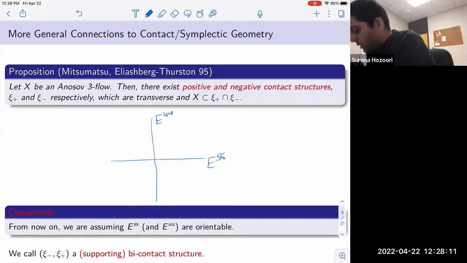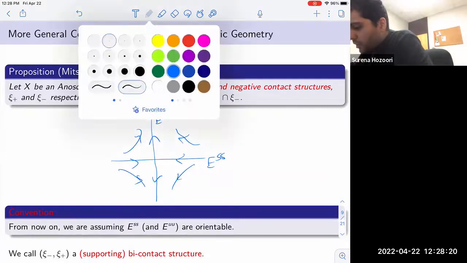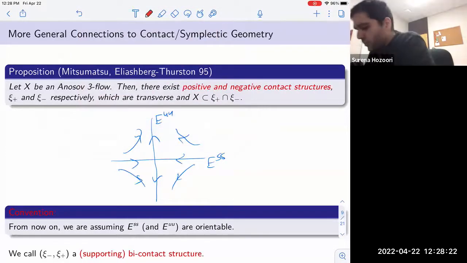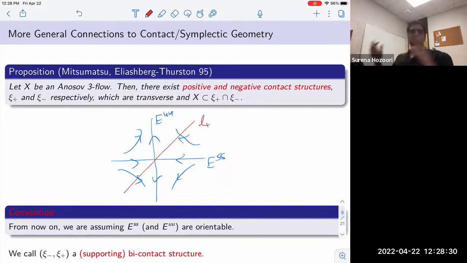So let's take a look at the picture we had for Anosov flows. If you take, let's say, the bisector of the E^ss direction and the E^uu direction, let me call that L plus, and you look at the action of the flow on this bisector, the action of the flow would just push this bisector towards the E^uu direction, right?